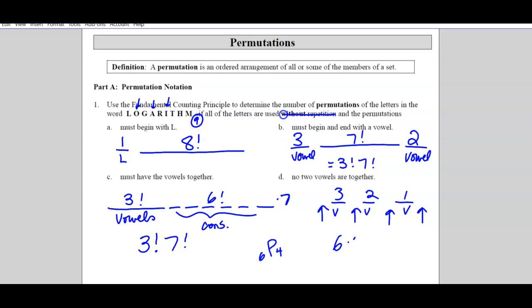Actually, now that I'm looking at that, this gets a little bit harder to explain without permutations. Guess what we're coming back to? We're going to come back to that after we learn permutations, because there's another question. So stay tuned on that one, and then it's a lot easier.